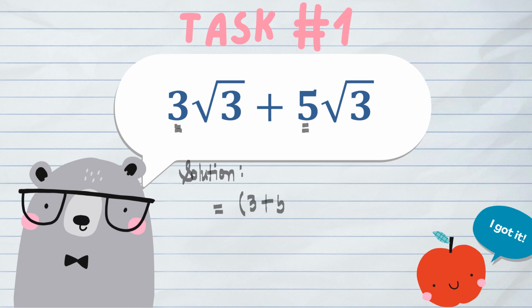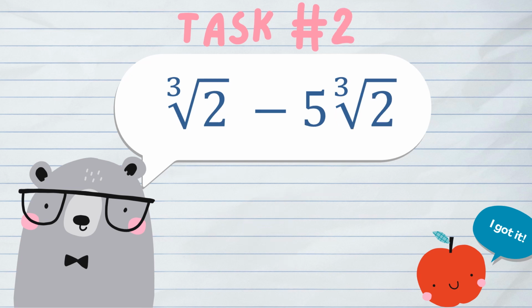Now we will simply add these two and copy the radicand and the radical symbol, of course. That would be 8. So for our final answer, we'll have 8 square root of 3.